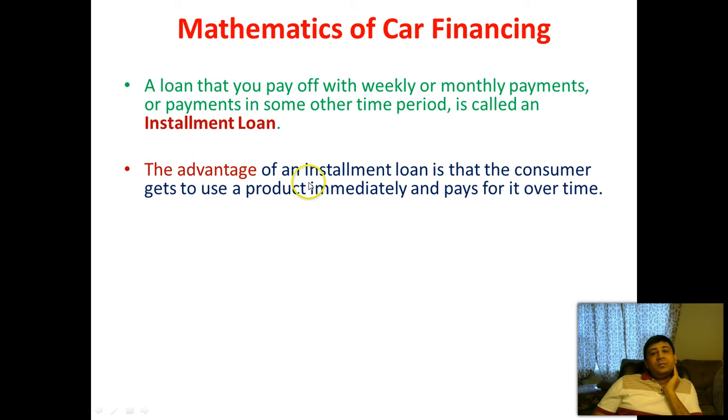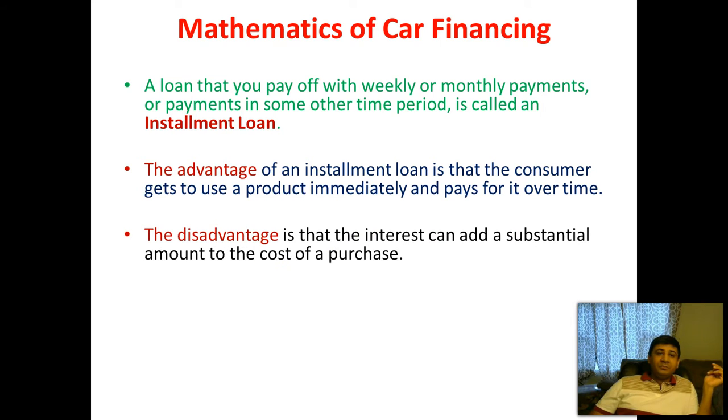Now the advantage of an installment loan is that you get to use the product immediately, even if you don't have the money, and you pay over time. That's the basic advantage, and we use it all the time. The disadvantage is that the interest, when you take an installment loan on something, can add a substantial amount to the cost of the purchase.